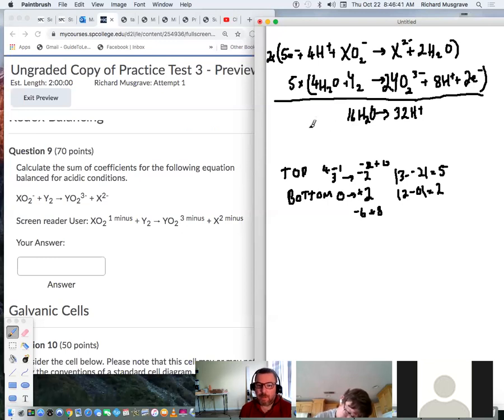And then we bring everything else down. So that would be 2 XO, 2 minus. Remember, we are multiplying by 2. And on the bottom there, 5 Y2s.